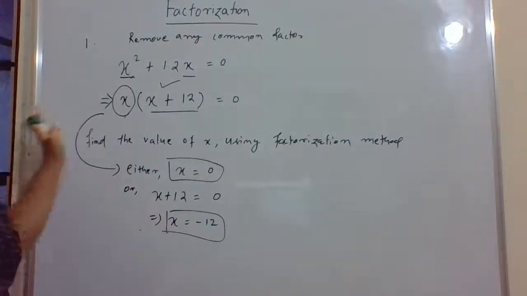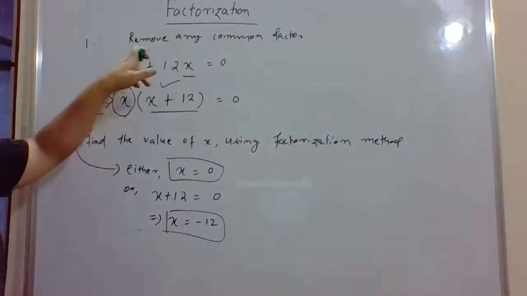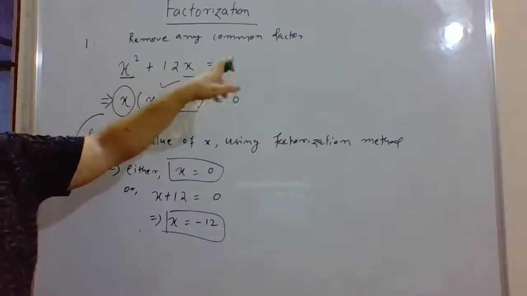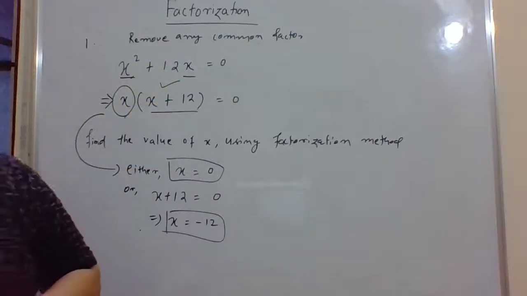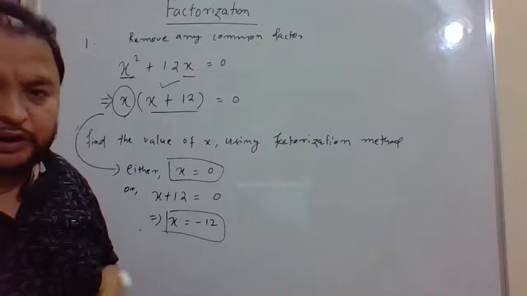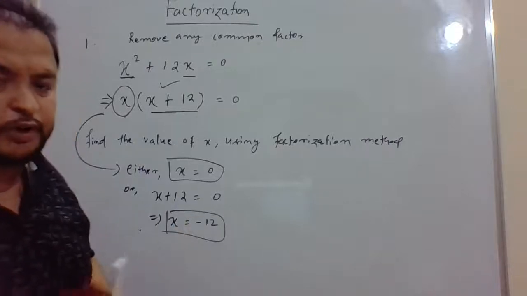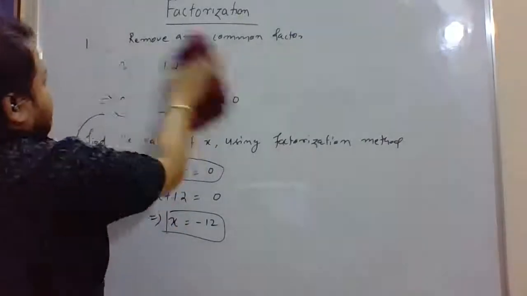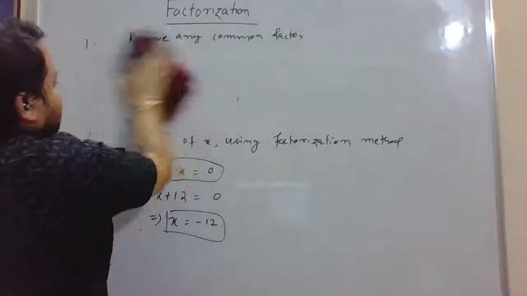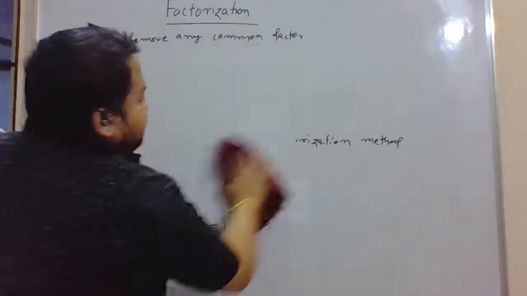So this is how we would factorize by removing any common factor. Let's see one or two more examples related to removing common factor, so that it becomes very easy for us.